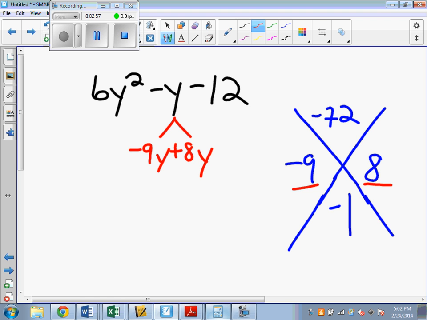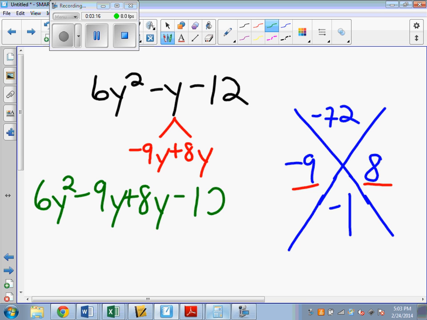I'm not changing the expression at all. These are equivalent. But what I'm doing is making it so that I can rewrite this as 6y squared, and now rewriting that negative y as negative 9y plus 8y minus 12.